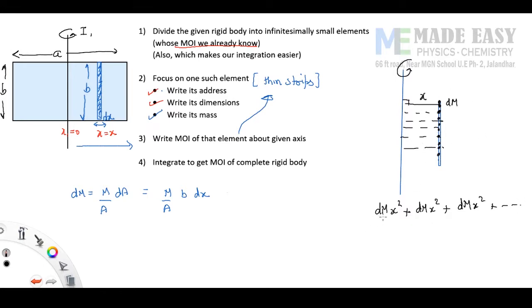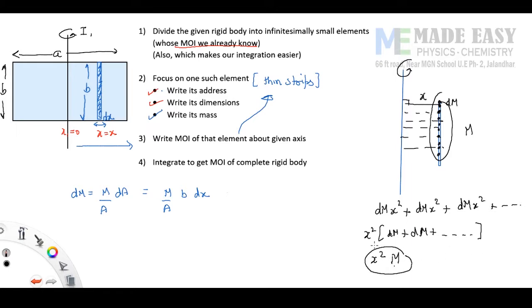You just need to add it. x square common, dm plus dm plus dm and so on. All these particles will lead to mass m, where m is the total mass of the strip. So moment of inertia of the strip about this axis is nothing but m x square.